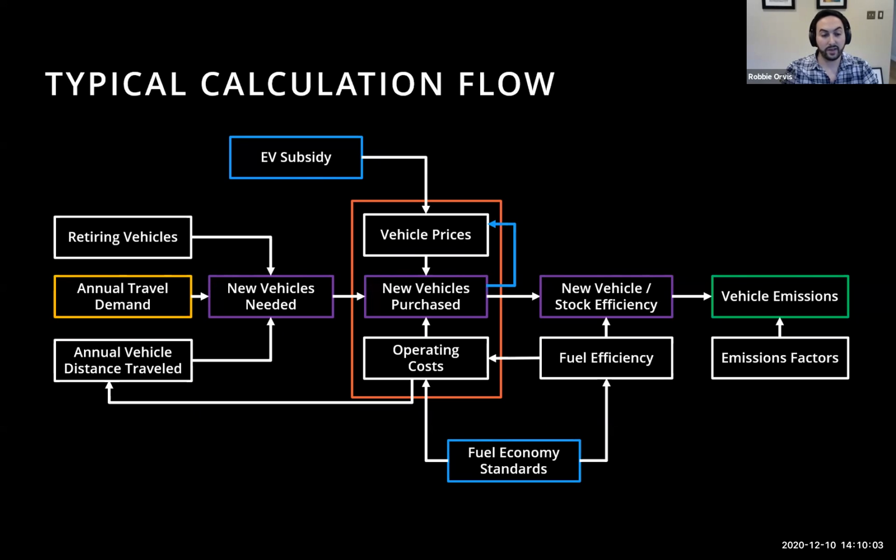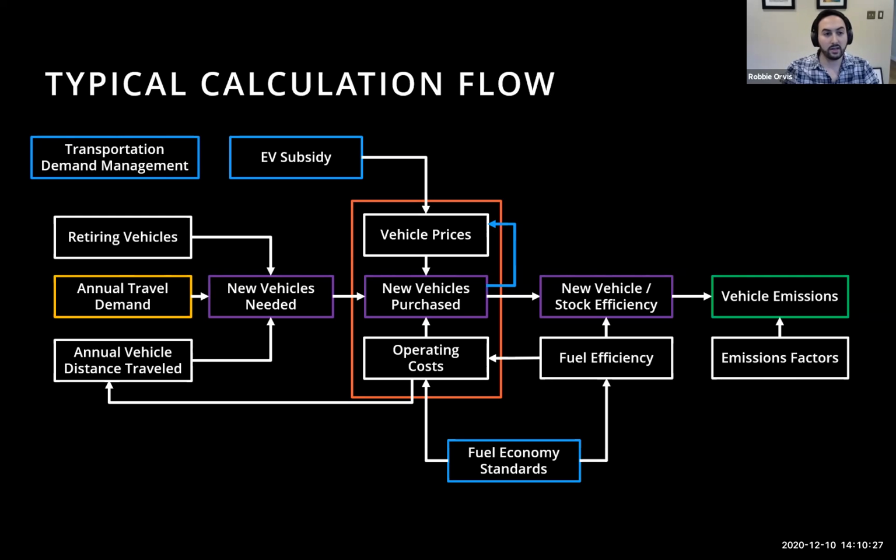And that in turn would affect the amount of annual vehicle distance traveled, because when cars are cheaper to drive, some people end up driving them more. Maybe a family would end up taking a summer trip that they otherwise wouldn't have, et cetera. That would all flow through this transportation sector module here to change the types of new vehicles that are purchased and ultimately vehicle emissions.